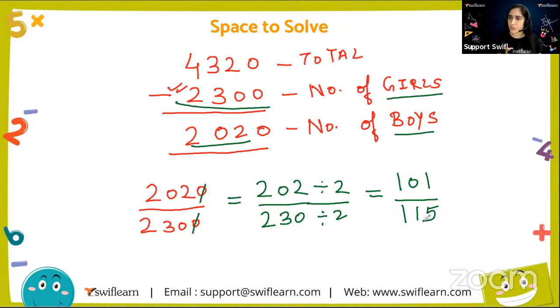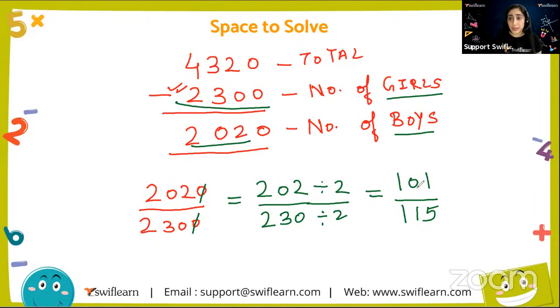Now, is it in the simplest form? Let me see. I know the divisibility tests, at least till 10. Every number is divisible by 1, so we don't need to check. Let's check 2. Is it an even number? No, it's not divisible. Let's check for 3.